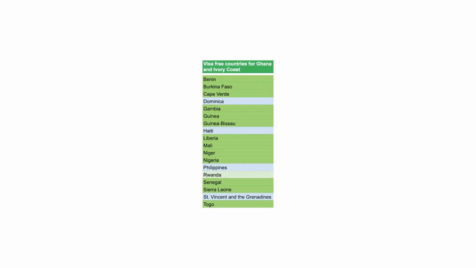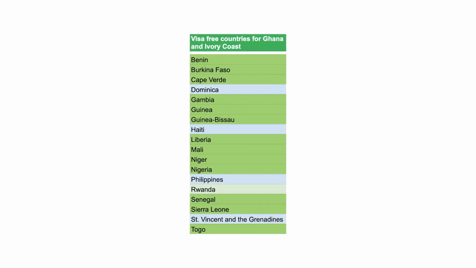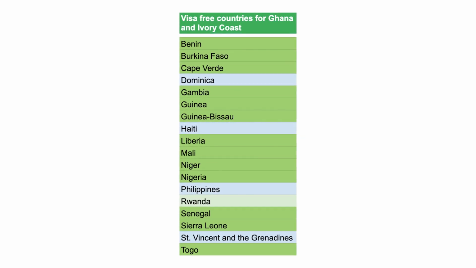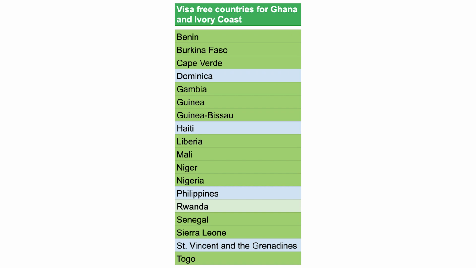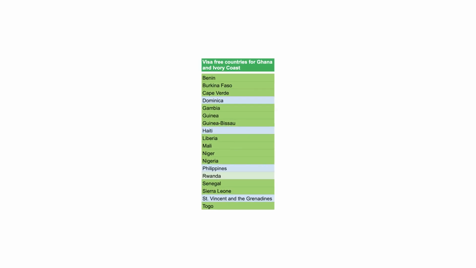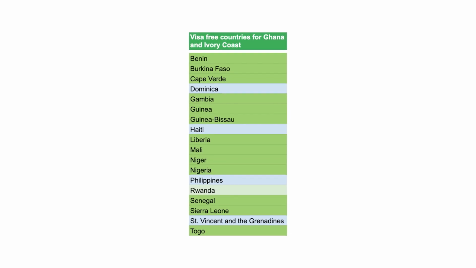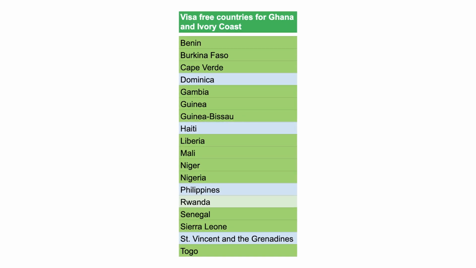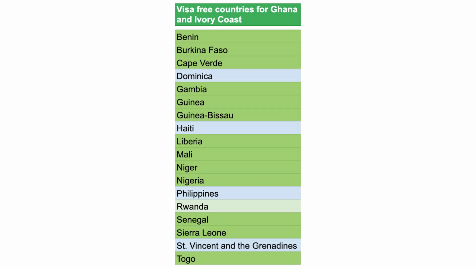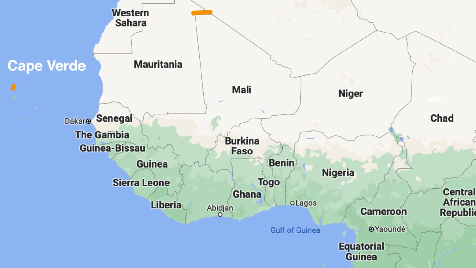Now, for the countries both can travel to without needing to apply for a visa, something very obvious when you look at this list is that those I put in this light green are West African countries, and these are part of ECOWAS, the Economic Community of West African States.